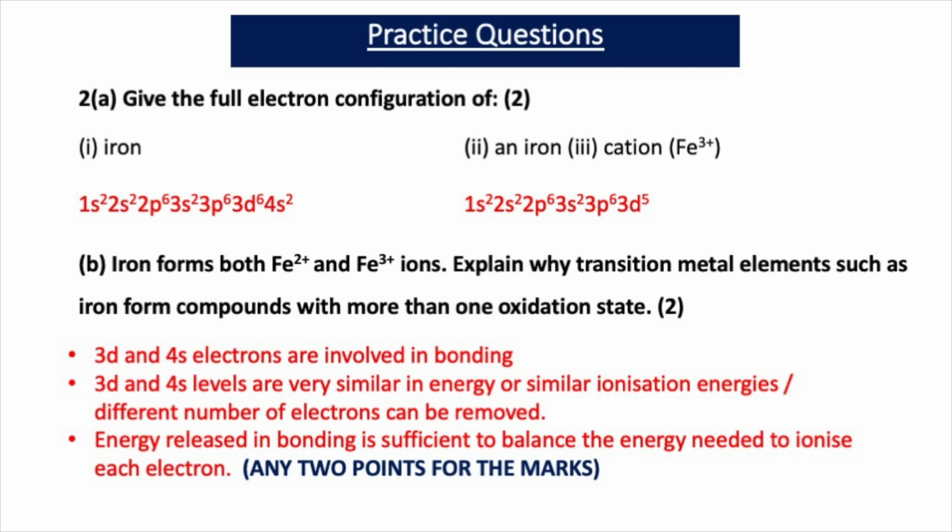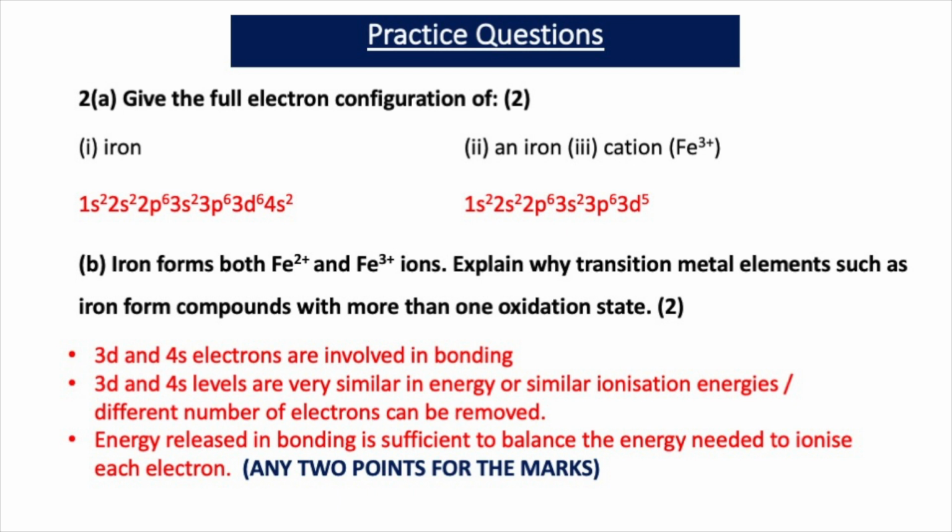Now for an iron 3 cation, the electron arrangement is 1s2, 2s2, 2p6, 3s2, 3p6, 3d5. Now this is because the first 2 electrons are removed from the 4s orbital, and the third electron to be removed is from the 3d orbital, and therefore that's why it ends in 3d5.